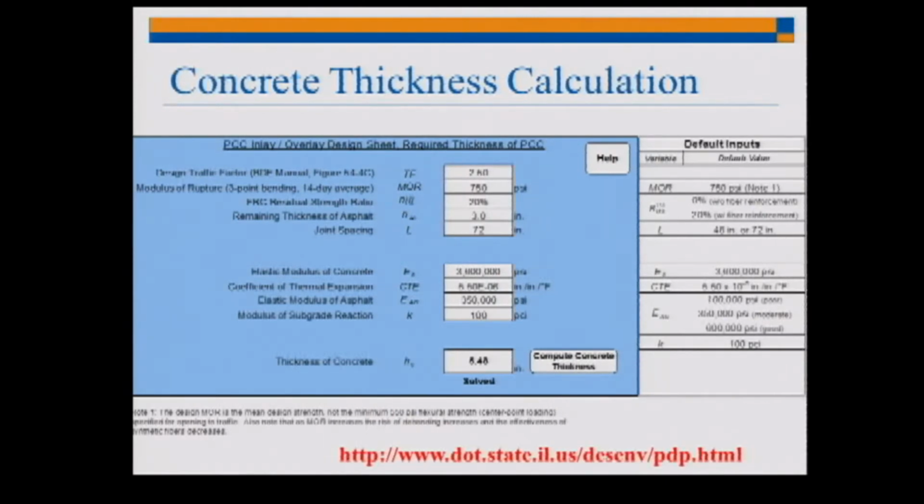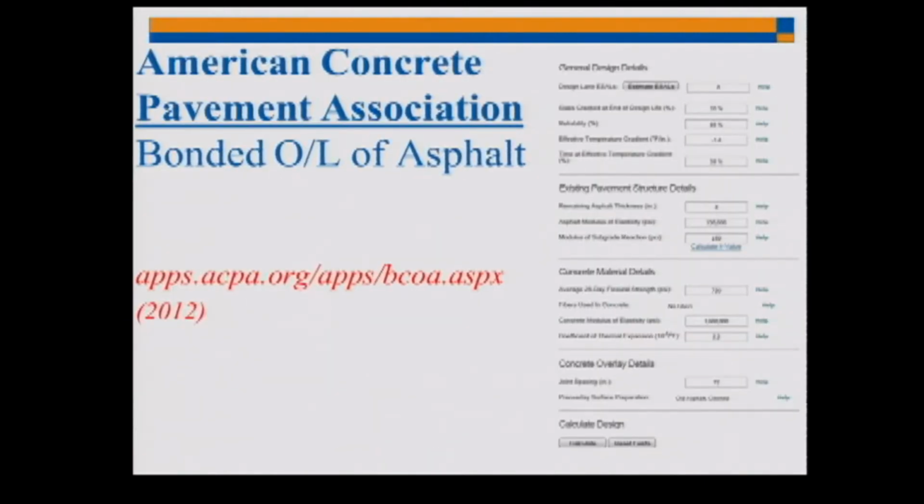Well, this is our design method we came up with for the state government. I left the website there, you can look at it. But there's actually another one that's probably more applicable for this country. We helped develop this one for the American Concrete Pavement Association, and it has a design method here with the same equations that we use, but this has a climate file here.